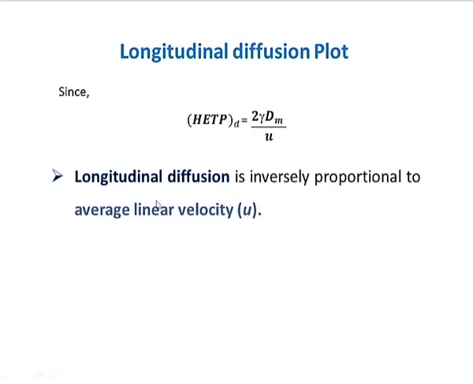So, longitudinal diffusion is inversely proportional to average linear velocity. Now, if we similarly plot a graph of height corresponding to longitudinal diffusion versus u, we would note this inverse relationship in the graph.